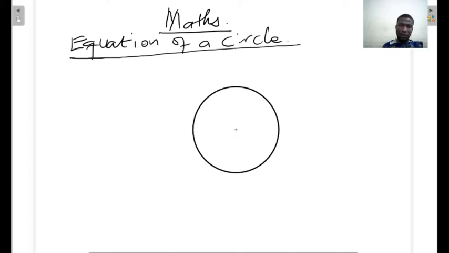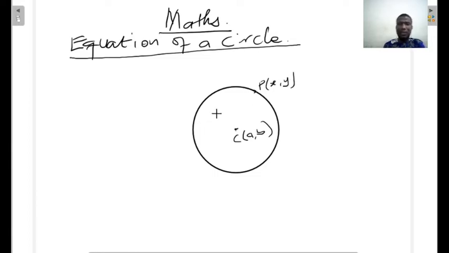Let me call the center C with coordinate A, B. And I have another point on the circumference of the circle. Let me call it P with coordinate X and Y.